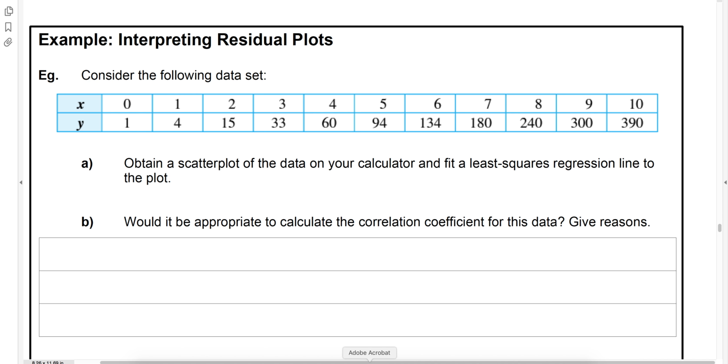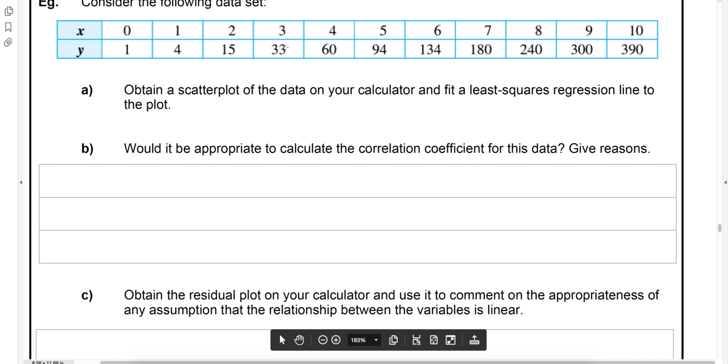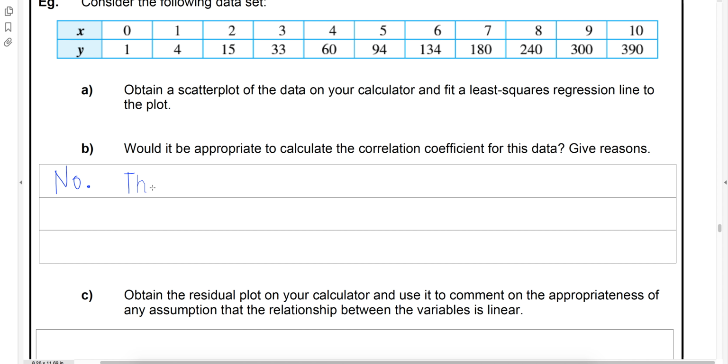So would it be appropriate to calculate the correlation coefficient for this data? Well, I'm thinking no, because one of the assumptions that we have when we calculate R is that the data is linear. And what we can say is the data shows a non-linear association.